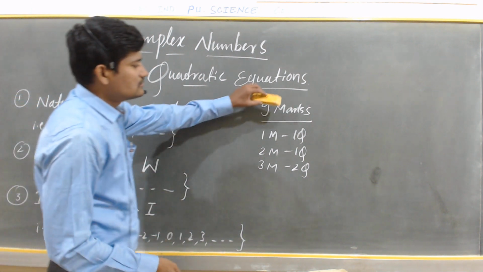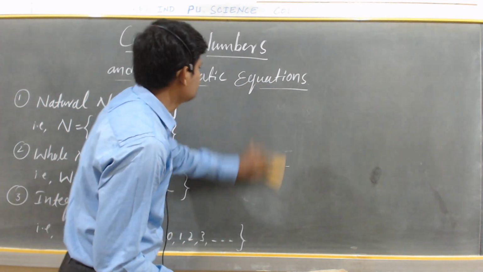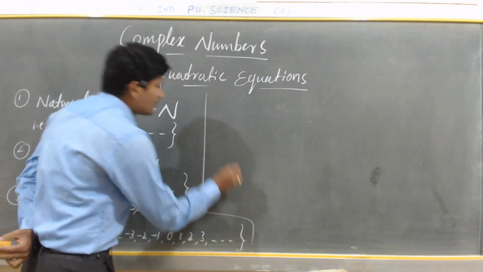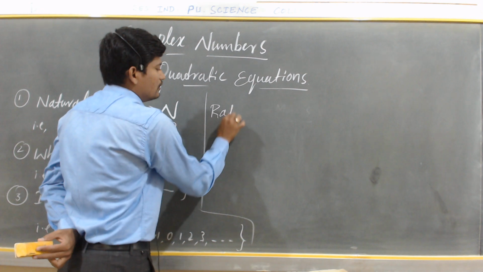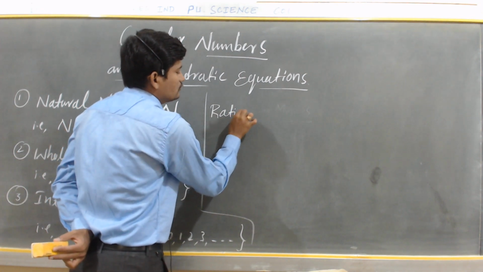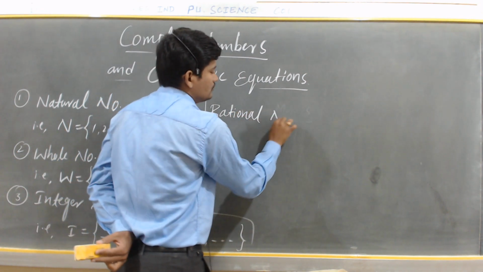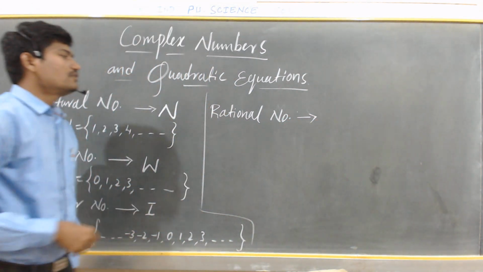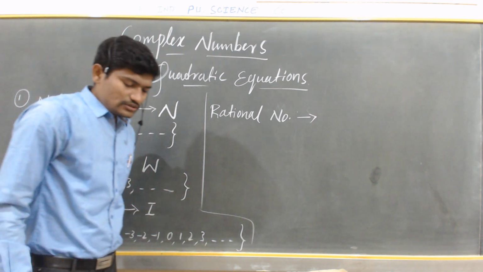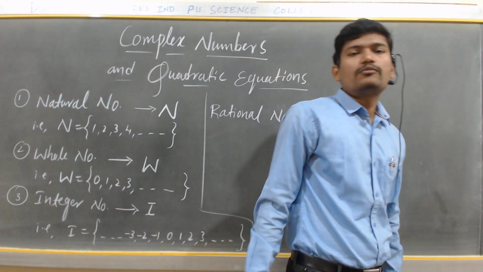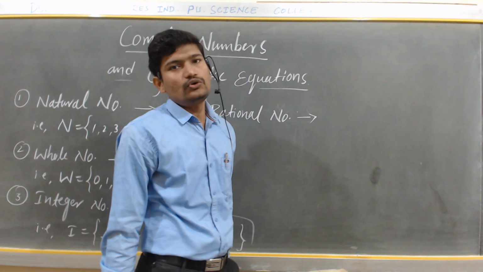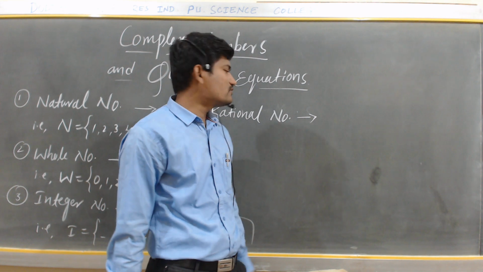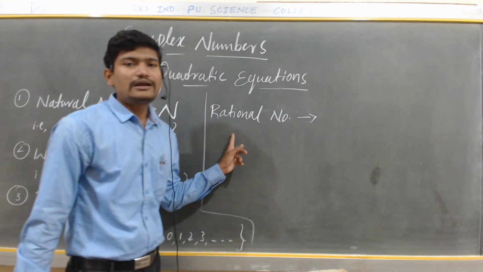Okay now, next we go to rational numbers. Listen here, students: a rational number is a number which can be expressed in the form P by Q, where P and Q are integers and Q is not equal to 0. If this condition is satisfied, those numbers we call rational numbers.